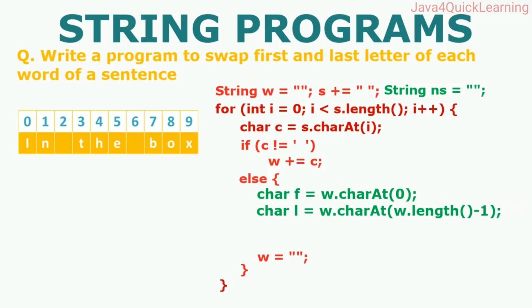Then we will use the substring function from 1 to w.length minus 1 to get the middle part of the string. We will now just concatenate the last character in the beginning and the first character in the end of the string to get our swapped word. We will add it to the new sentence along with space. Once we are out of the loop, we will print this new sentence. This gives us the program to swap the first and last letter of each word.